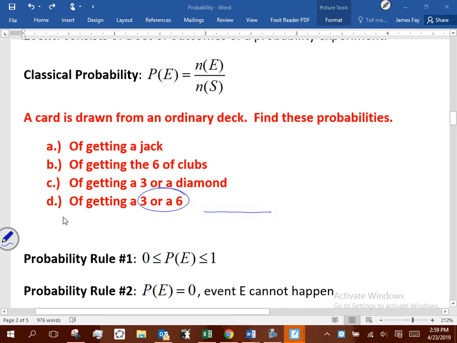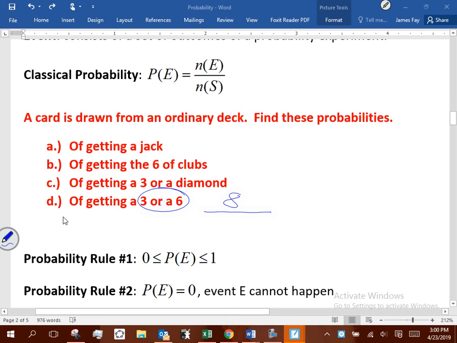There are 4 3s, there are 4 6s, so 8 different things will match that event, right? And how many do I get to choose from? 52, so 8 out of 52 is 2/13. Okay? So we're saying that if I gave you 52 cards, and I told you to turn over 13 of them, this is saying 2 of them are going to be 3s and or 6s. So you might have 1 3 and 1 6.